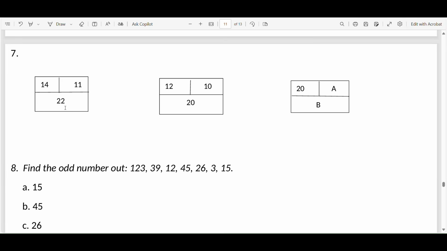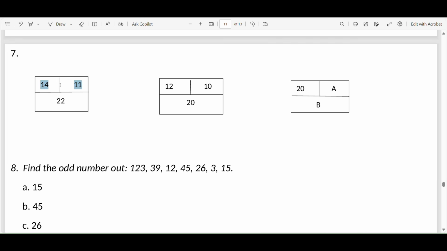But 25 minus 3, when you subtract, oh, I just think like this. So when you subtract 1 from 4, you are getting 3, right?